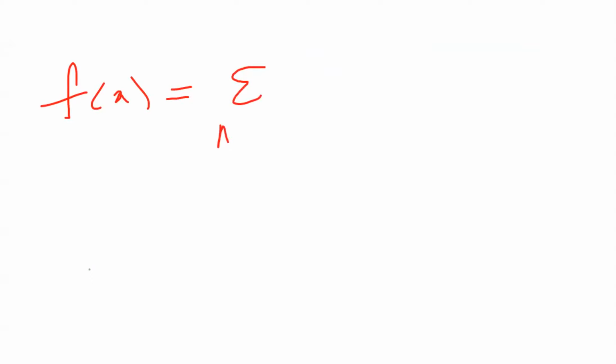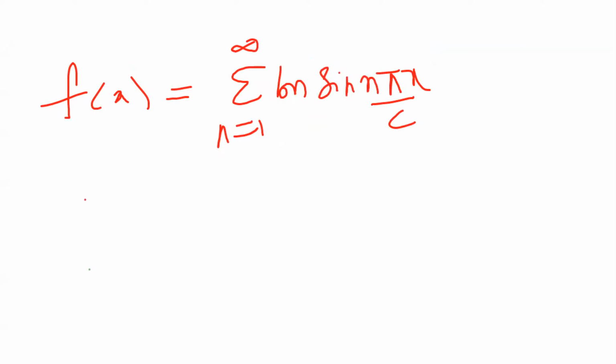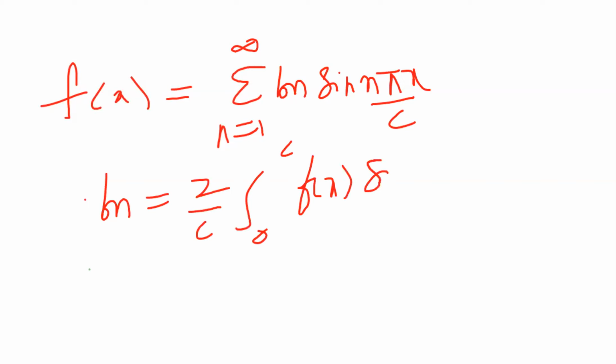f of x equals sigma n equals 1 to infinity bn sin n pi x by c, where bn equals the formula 2 by c integral 0 to c f of x sin n pi x by c dx.